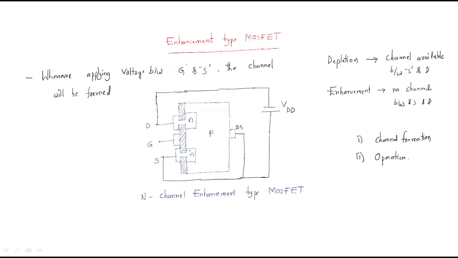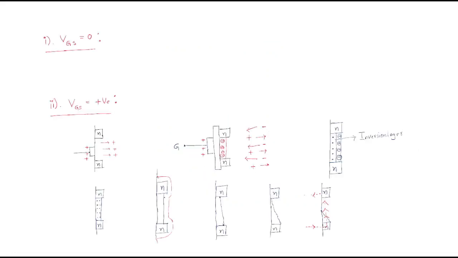Okay. The first condition is that the gate and source voltage is 0. There is no channel, so there is no flow from source to the drain, because all are P type materials. The number of holes will be formed, and there is no flow from the source to the drain.